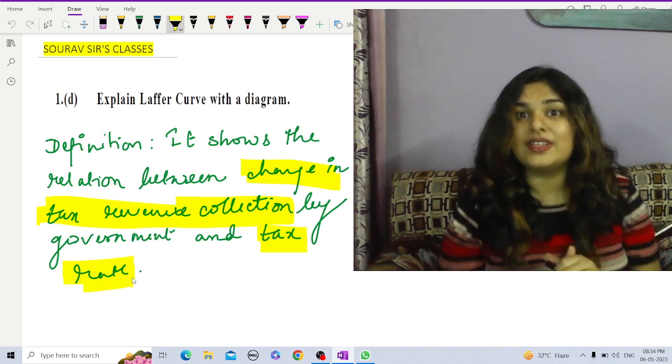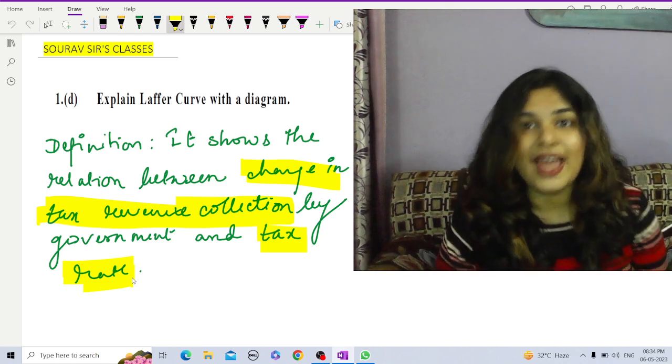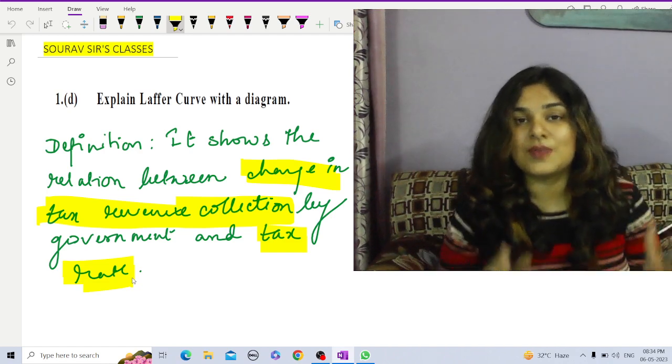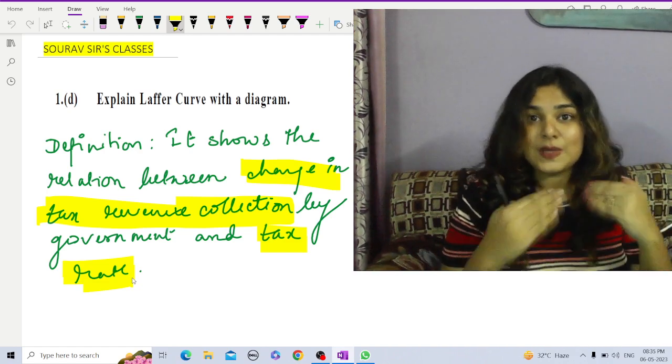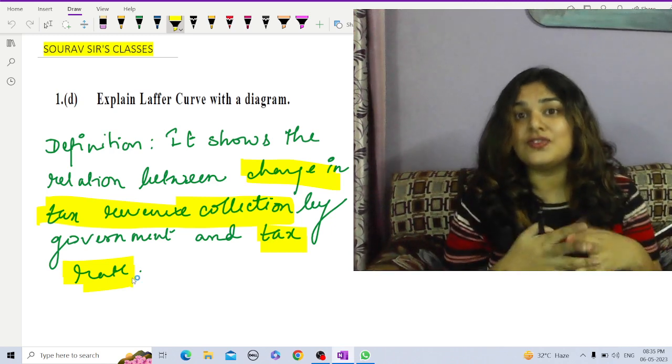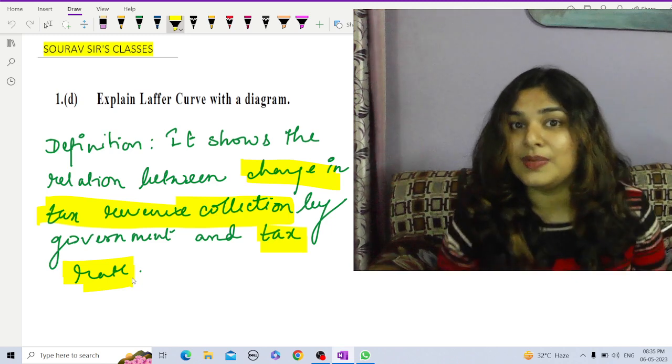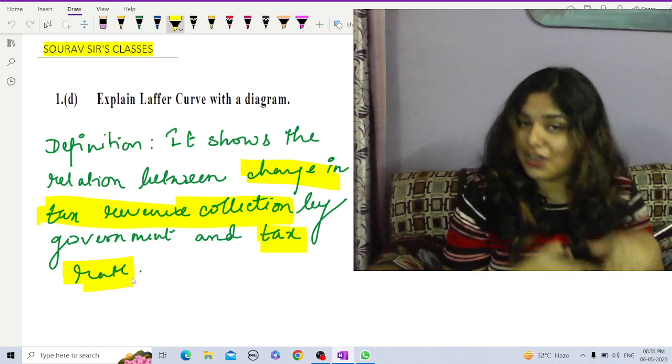So that is the reason that initially at a low rate of tax, revenue collection increases, because at a low rate of tax people's incentive to work will be more. As a result, they will earn money and there will be an increase in tax collection by the government.